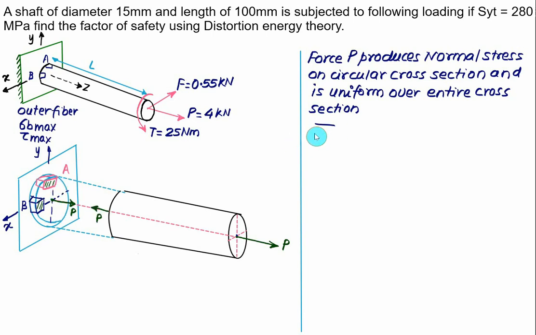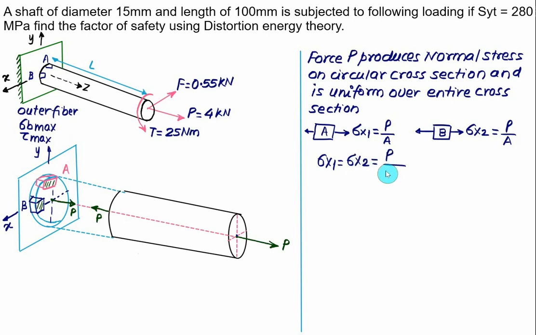So element A will experience this stress, sigma x1, equal to P divided by A. The same is true in the case of B also. So the fiber, whether it is at the center or at the periphery, doesn't matter in the case of normal stress, and this value is also sigma x2 equal to P by A. So sigma x1 equals sigma x2 equals P divided by area, which is 4 times P divided by pi d square.